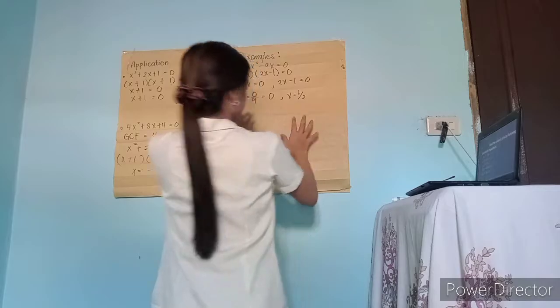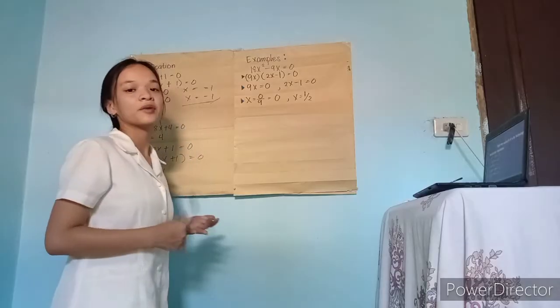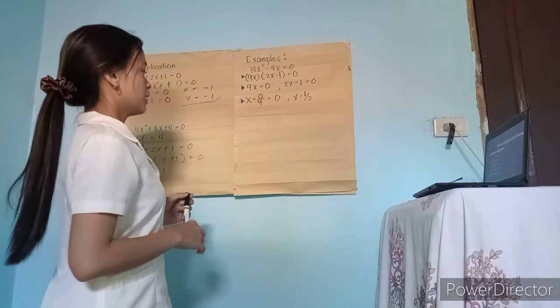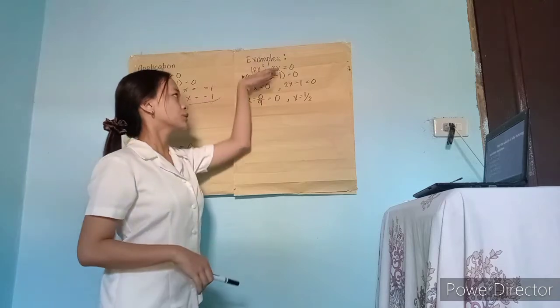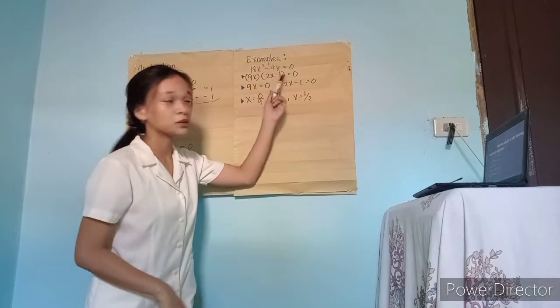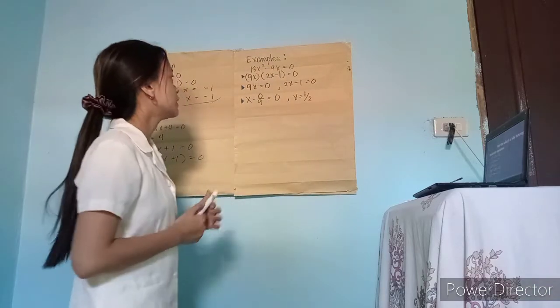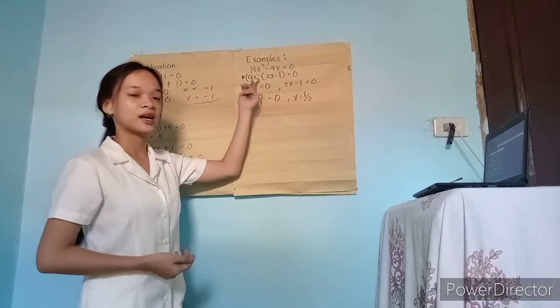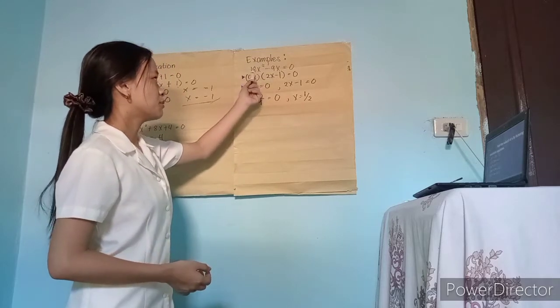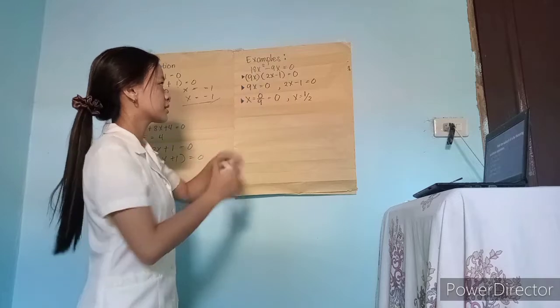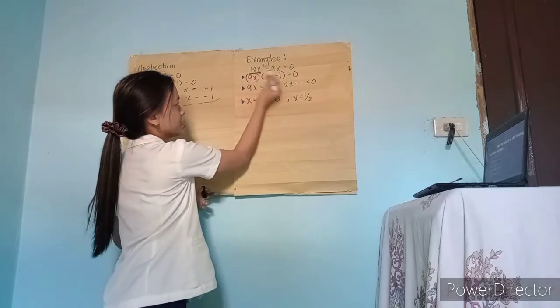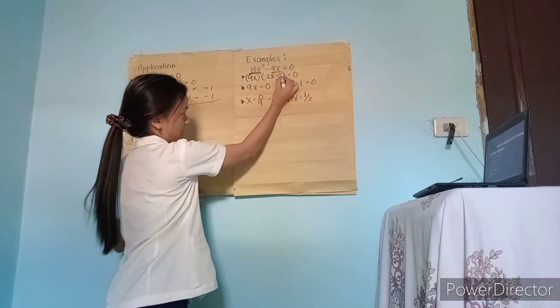I have another example here: 18x squared minus 9x is equal to 0. Here, I got 9x as the common factor of 18x squared and 9x.